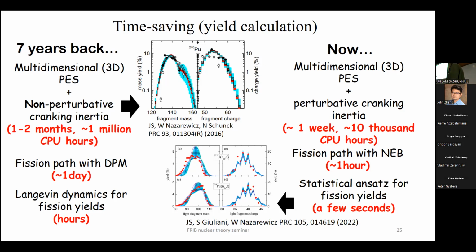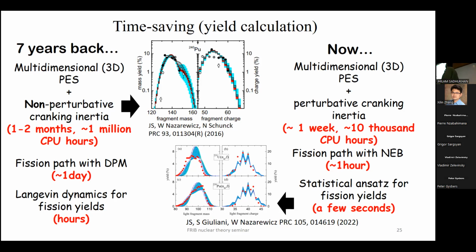Now, after all these developments, where we are is something like this. We can calculate the potential energy surface, and of course we can use the perturbative inertia, not the non-perturbative inertia, and it reduces the whole time drastically. The computational usage is also reduced drastically, and we can calculate these NEB pathways quite fast, and we don't need any further dynamics, and we get this type of distribution.